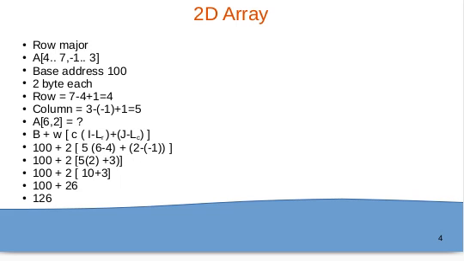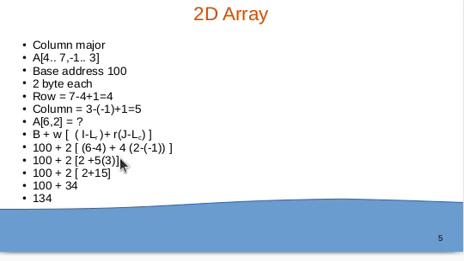When this problem is considered in a 2D array stored in column major order, the problem will be the same. We have to calculate the rows and columns in the same way and then find the address of A62. In this case, as it is column major, we have to calculate the address of the first column first. So for the first column, the number of columns will be 2 minus minus 1. This will be multiplied by 4, that means the number of rows.